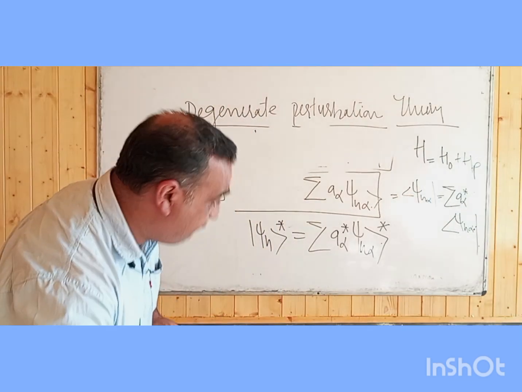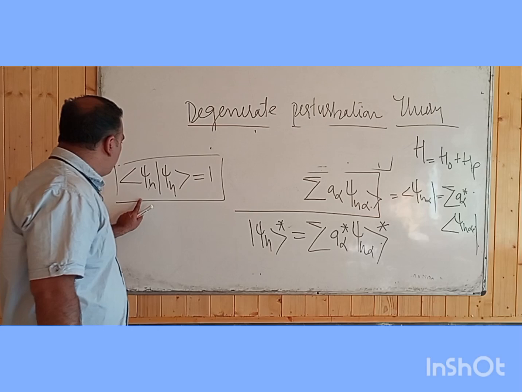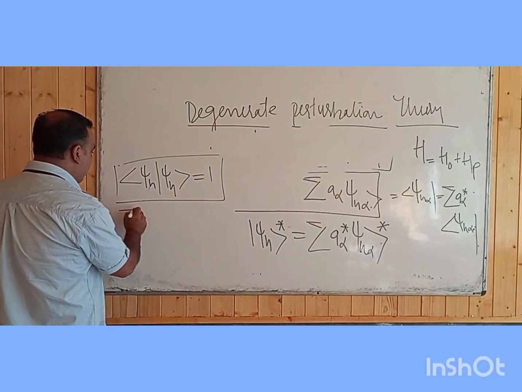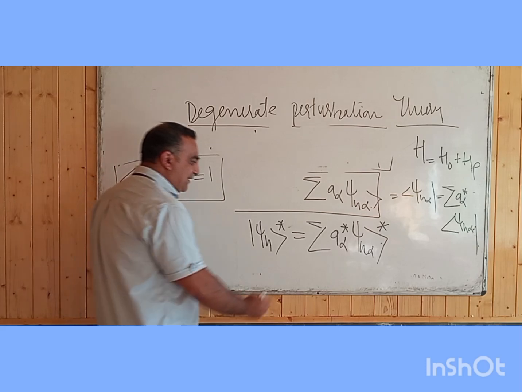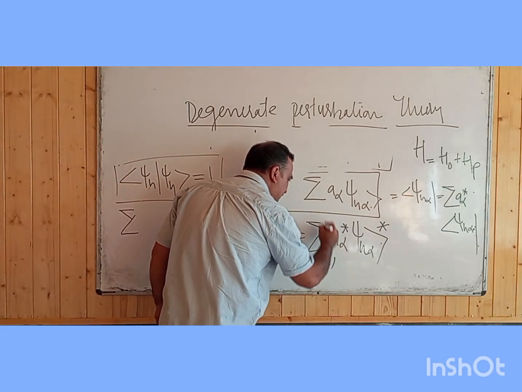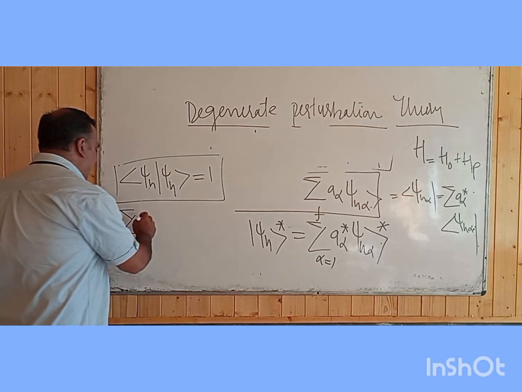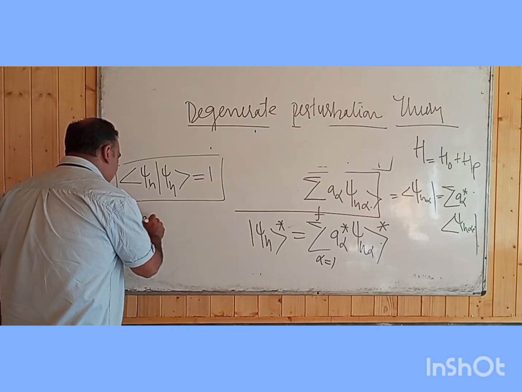So I use psi n alpha here, with the sum over alpha running from 1 to f.